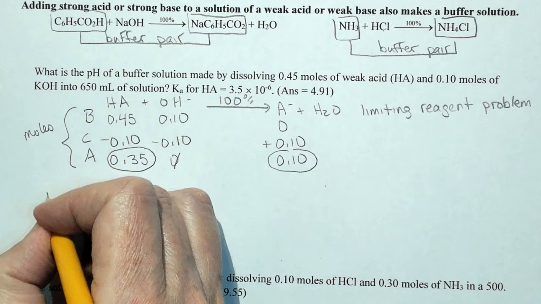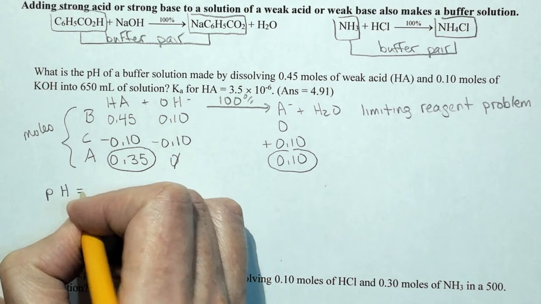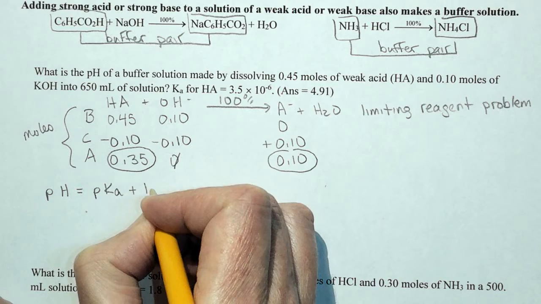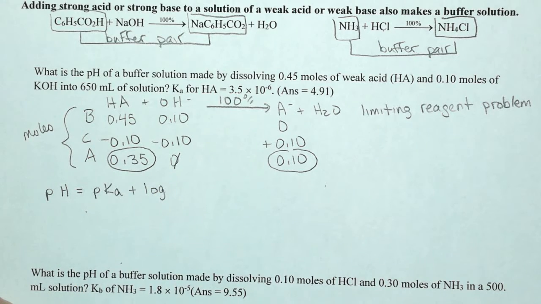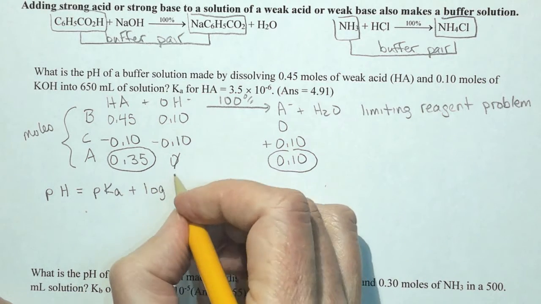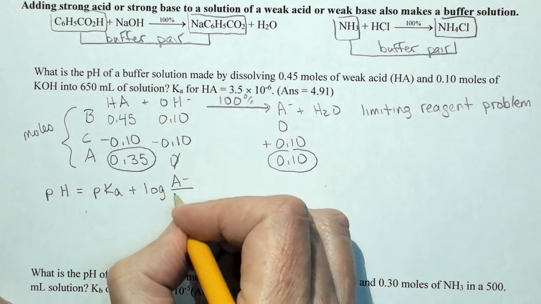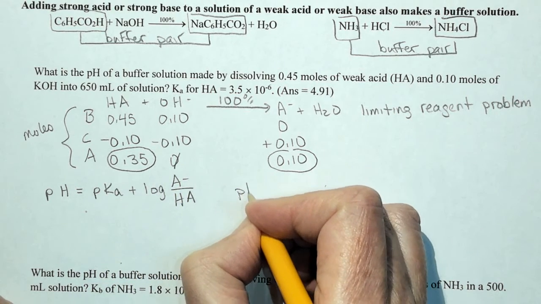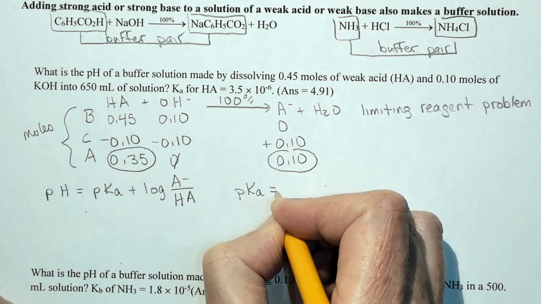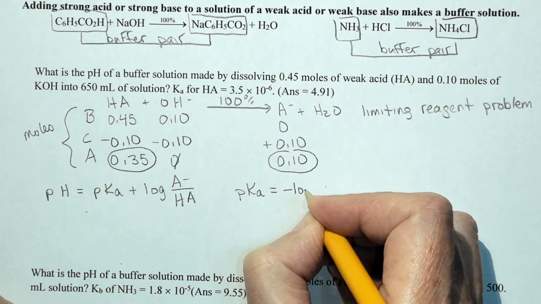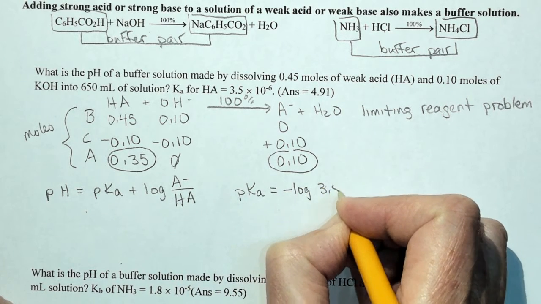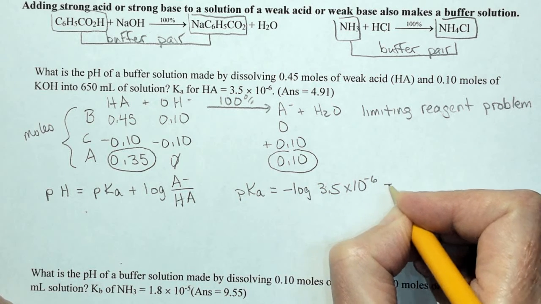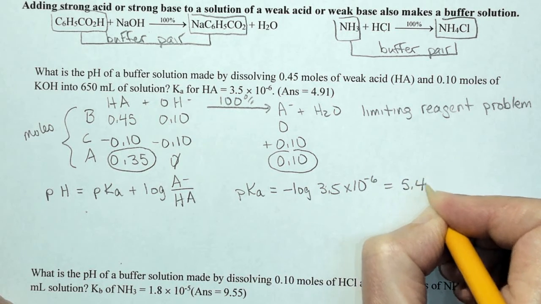So we use our equation that pH equals pKa plus log A minus over HA. We need our value for pKa, and that is going to be the negative log of 3.5 times 10 to the negative 6th, or 5.46.